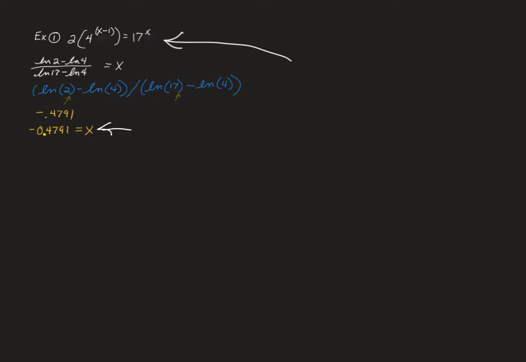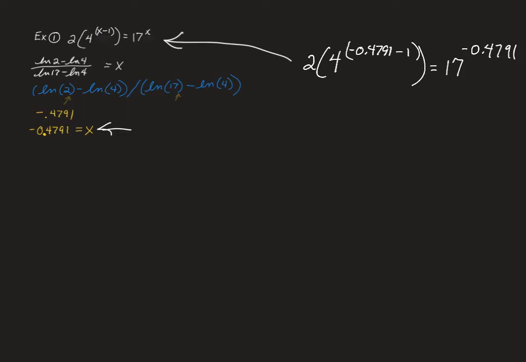So we're going to be calculating 2 times 4 raised to the negative 0.4791 minus 1. And we're also going to calculate what it's supposed to be equivalent to on the other side, which is 17 raised to the negative 0.4791.